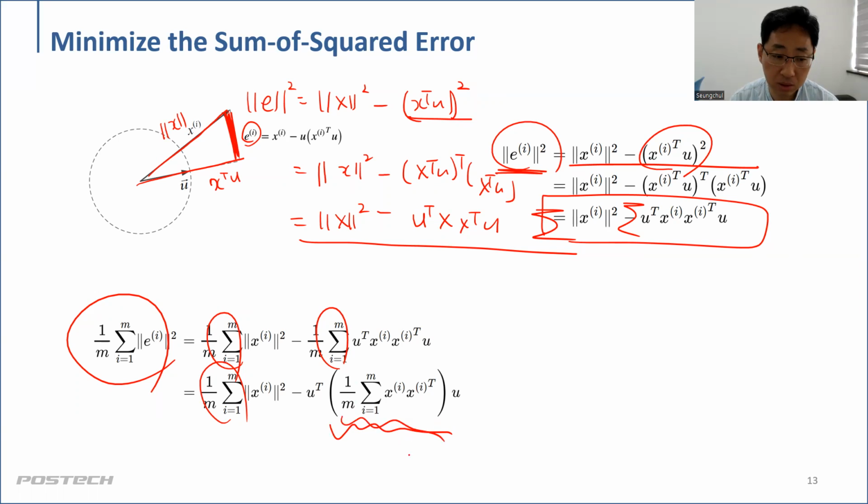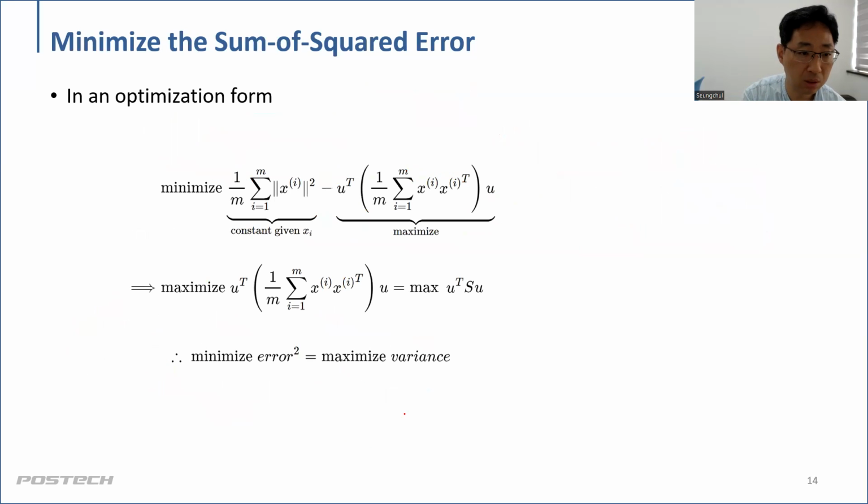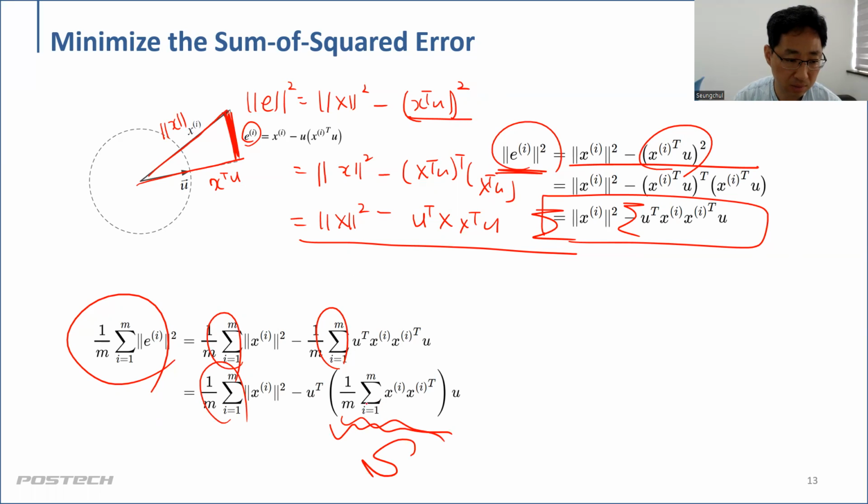Again, it's S, the sample covariance matrix. And what is this? The sum of the distance from the origin in the original coordinate.